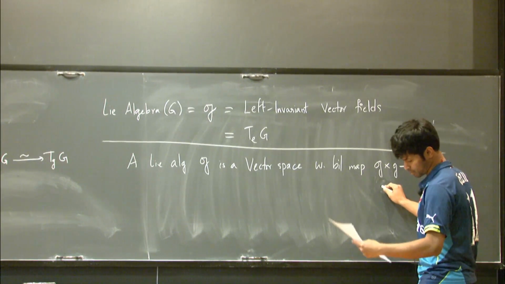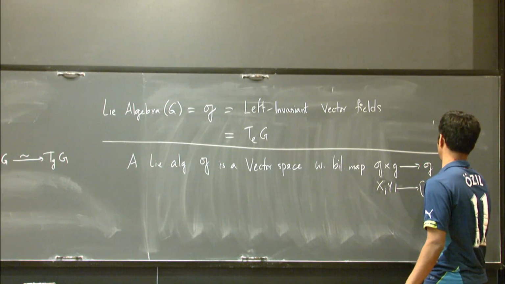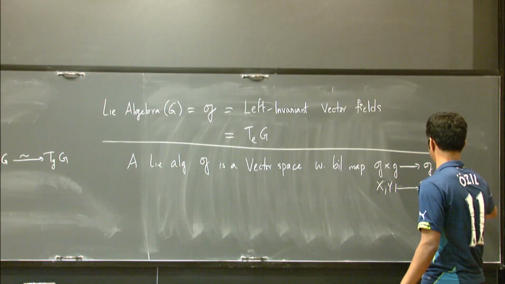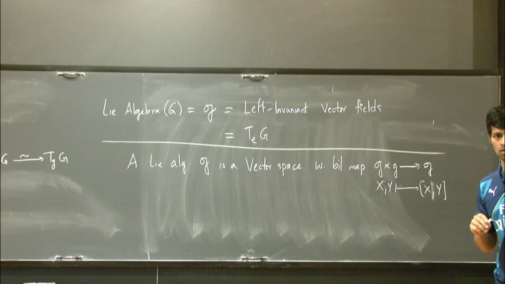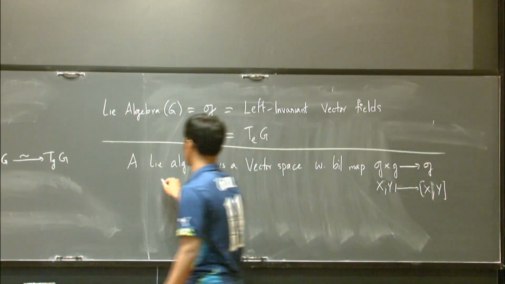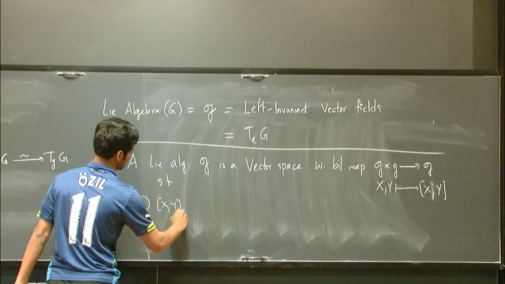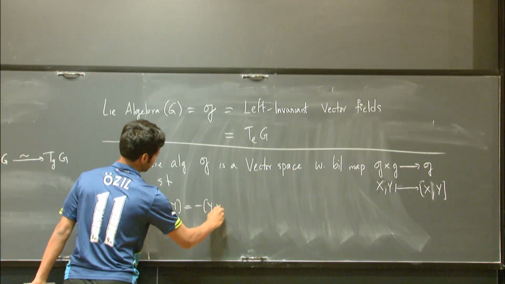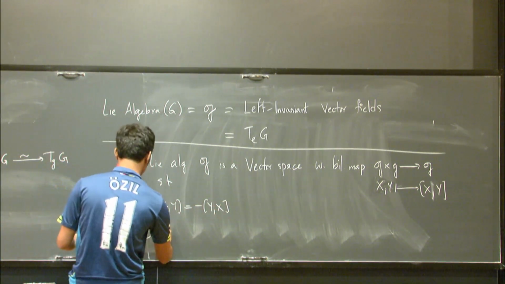Let me write it this way: x, y goes to [x, y], such that, one, it is skew-commutative, this bracket, and the second one, there's an identity that I like to write in many ways.